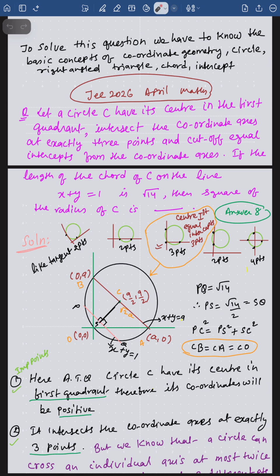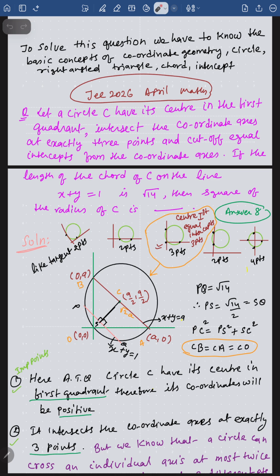Why is it so? It is very easy to understand, because this triangle is a right angle triangle, where this side and this side are equal to a, so the length of this side will be root 2 a.